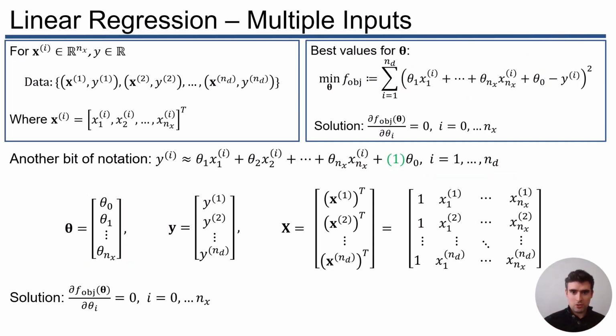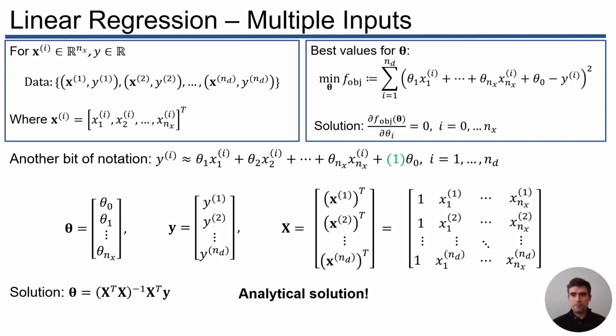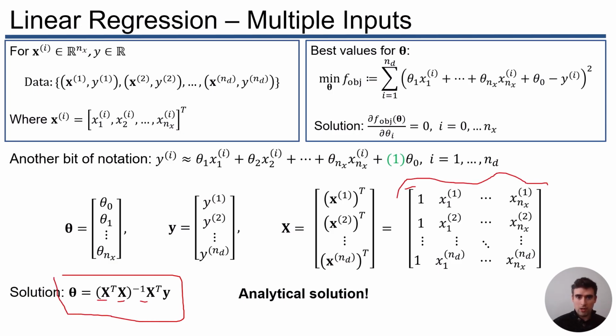So again, just recapping, what I'm doing is finding the solution to this optimization problem over here by taking the derivative and equating that to 0. And this has a nice analytical solution, which is this expression over here, where these x are these ones over here, including the 1 over here. This is what this column of 1s allows me to do.